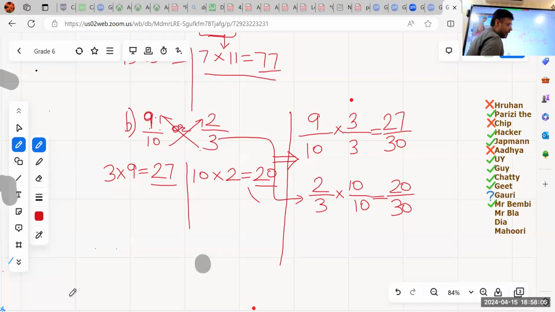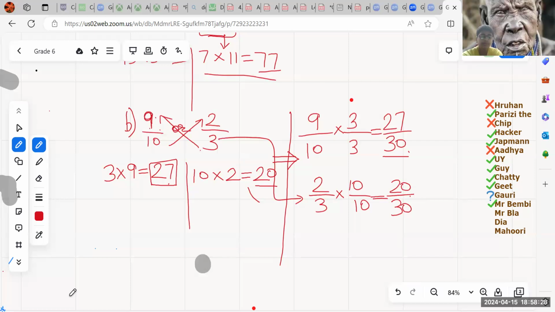So which one is greater, 27 or 20? We were getting 27 is greater. So we got the same fractions. Just when we cross multiply, we get the numerator directly. Got it, guys? Yes, sir. So when we use the cross multiplication method, we are basically changing the numerator as we do in like fractions.